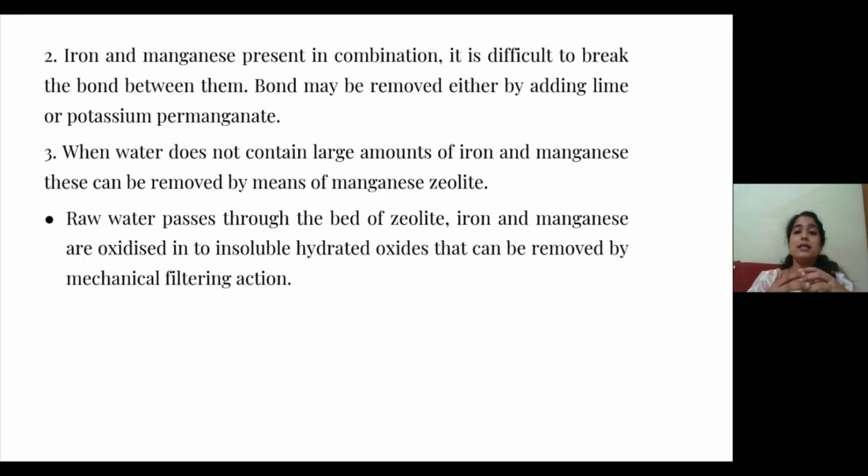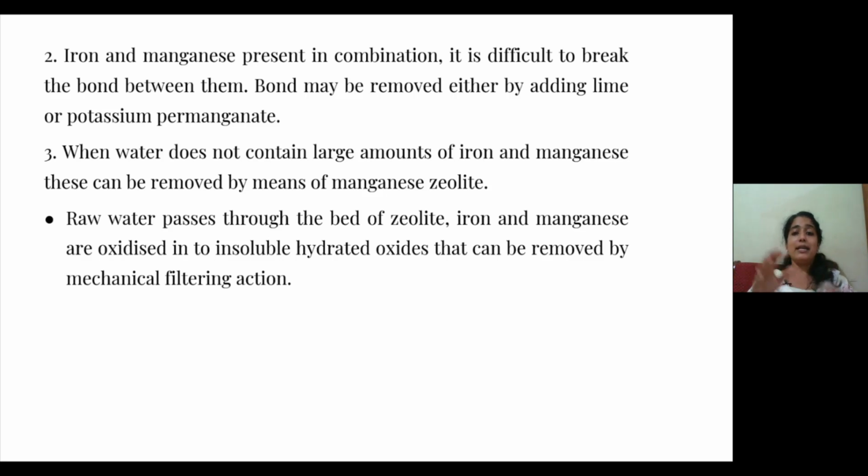When iron and manganese are present in combination, it is difficult to break the bond between them. The bond may be broken by adding either lime or potassium permanganate. Before removing iron and manganese, we have to add lime or potassium permanganate, which will break the bond between iron and manganese. Then we can remove iron and manganese from water easily.